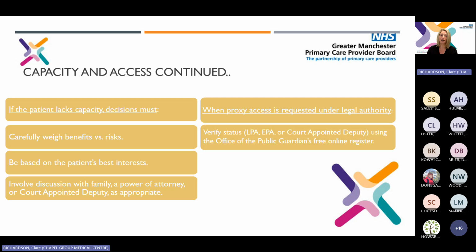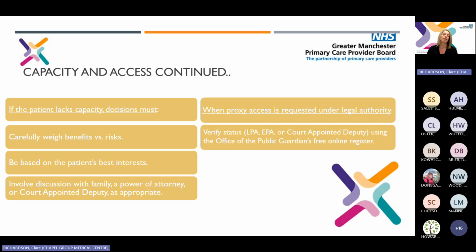So be really careful about what your staff know, what you know about your LPAs, because you might have LPAs on patient records and you're giving information to the people named on the LPA, but the patient has capacity.